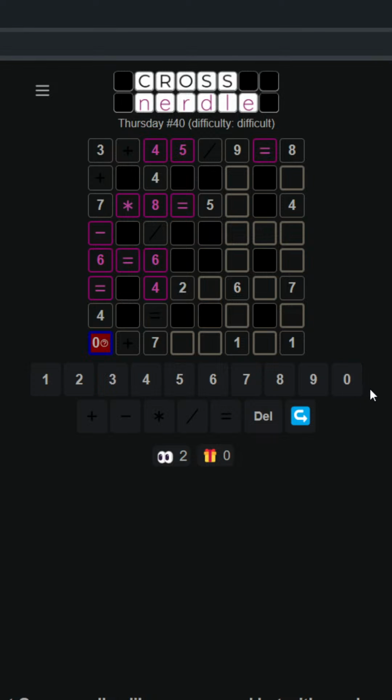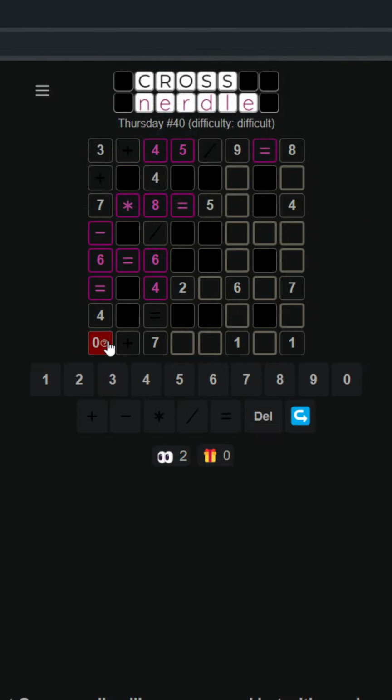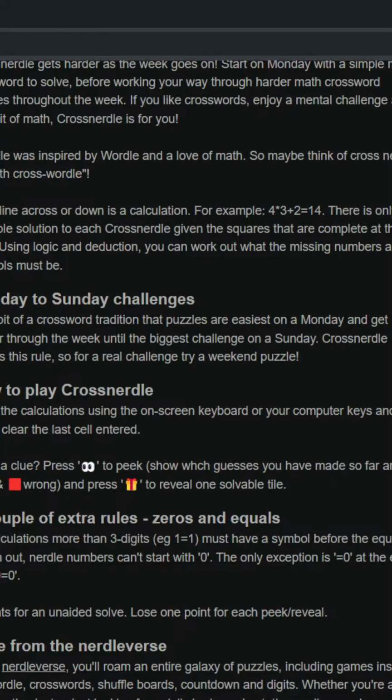This cannot be. What? Leading 0? I'm not understanding the vertical. I am not understanding the vertical at all.